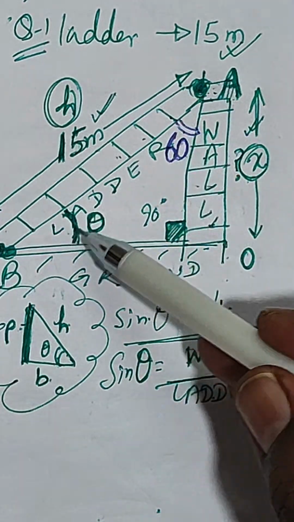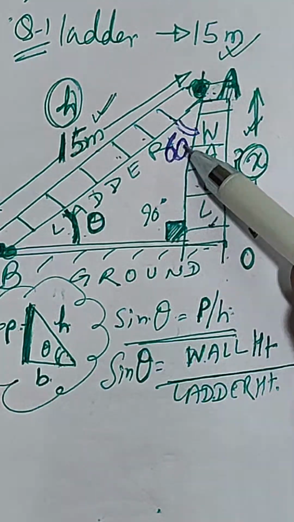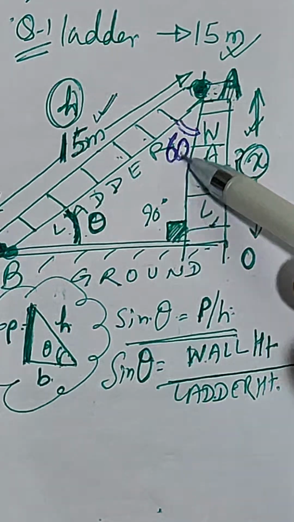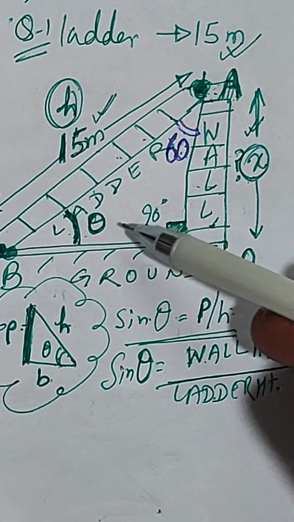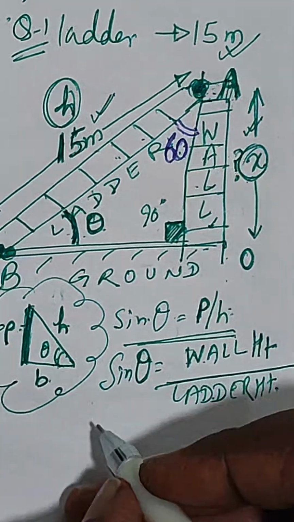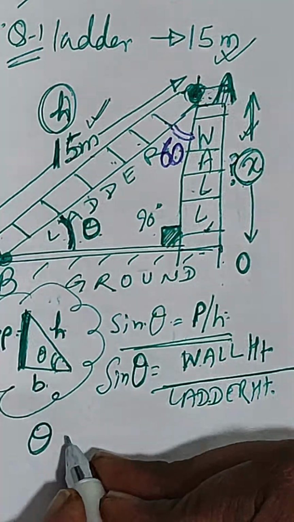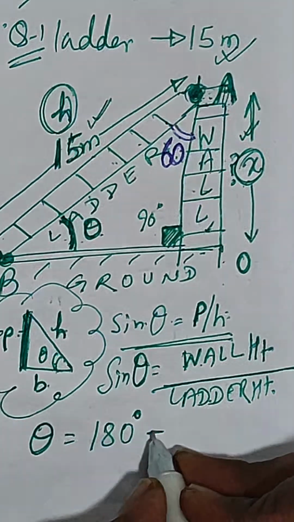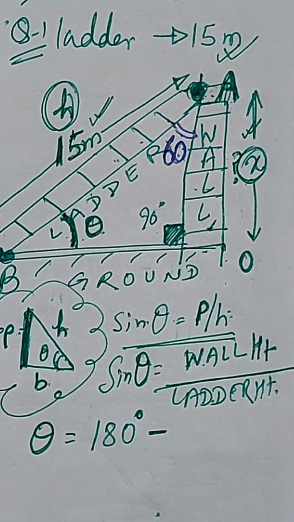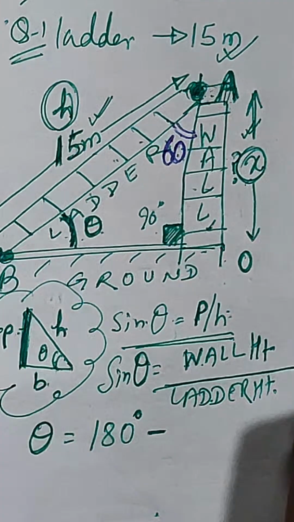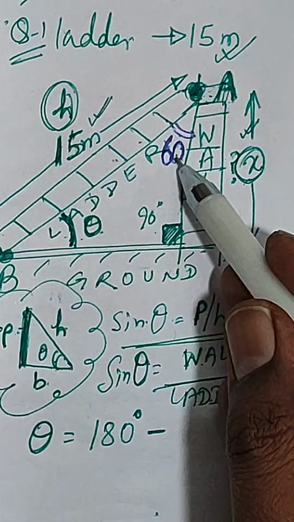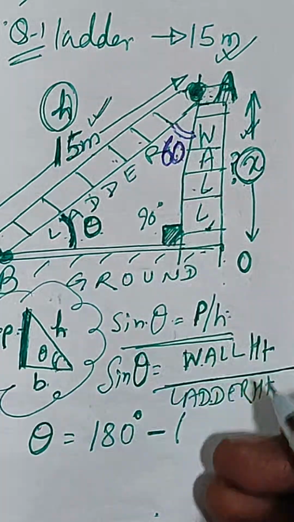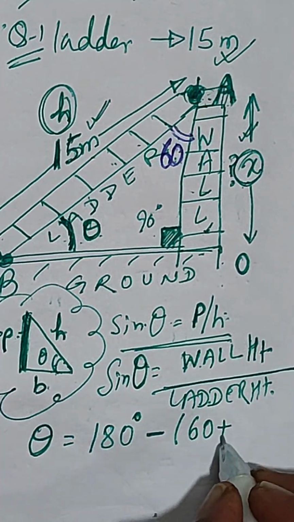We know the sum of all angles of a triangle is 180 degrees, right? If the sum of all angles of a triangle is 180 degrees, this is 60, this is 90, then what will be the value of this theta? Theta will simply be calculated as the sum of all angles of a triangle, which is 180 degrees, minus 60 plus 90.